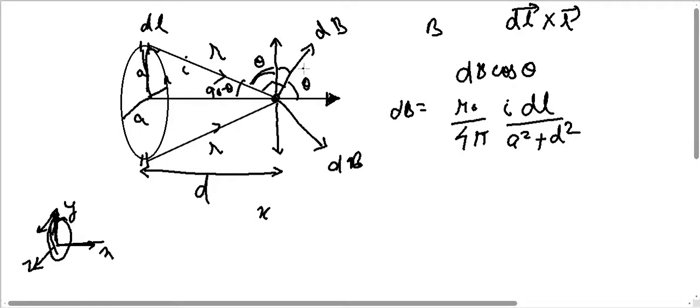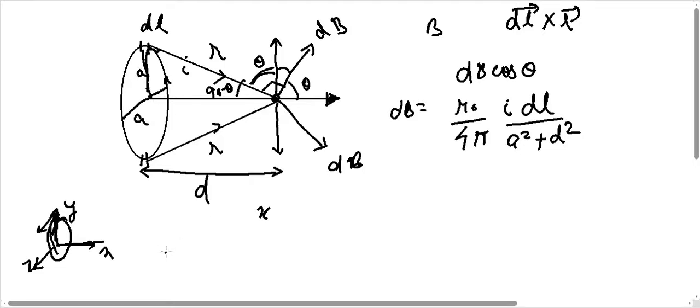So the value of cos theta here will be equal to sine of 90 minus theta.